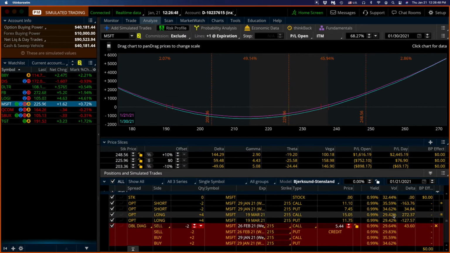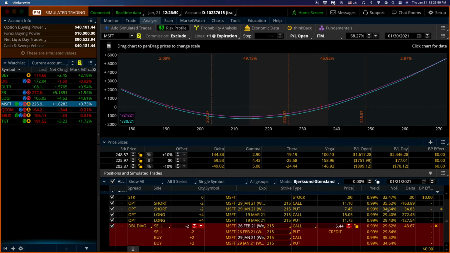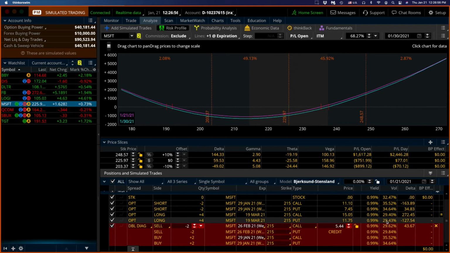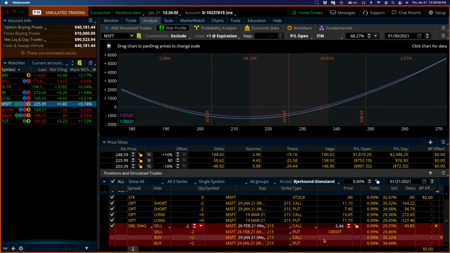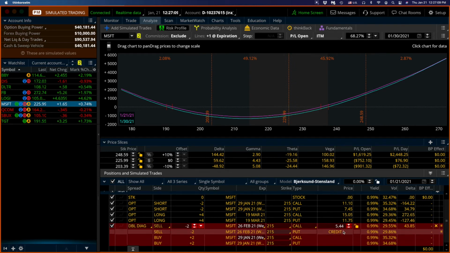Look at delta. You see the shorts are 35 deltas, the longs are 29 deltas. That's sort of favorable. And if we do the rollover to February, buying back this January 29 and selling the February, that gives me a $5.44 credit times 100. 544 times 2 is over $1,000.